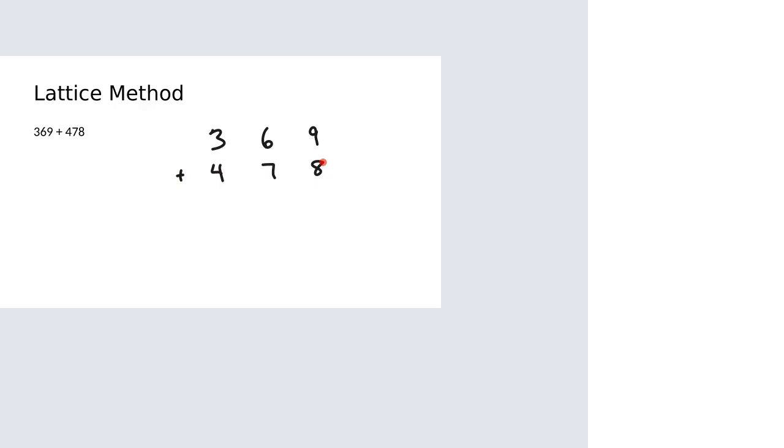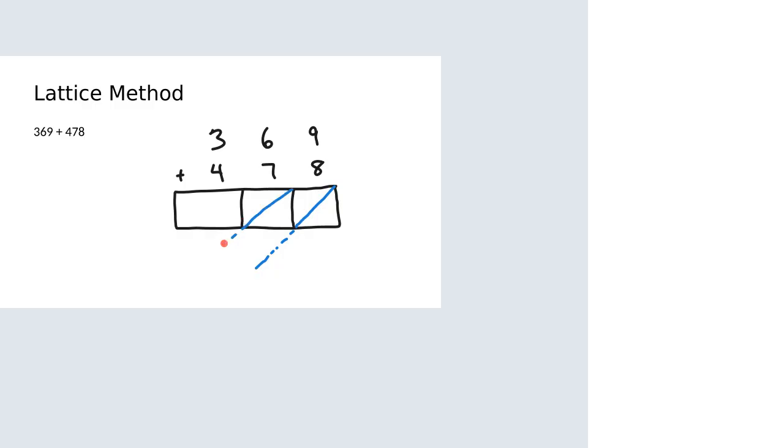What we're going to do is put a line under here, but then we're going to make boxes. I'm going to put a box under the ones place, a box under the tens place, and a box under the hundreds place. And then I'm going to cut these in half. So I'm going to cut this in half and extend that line down.